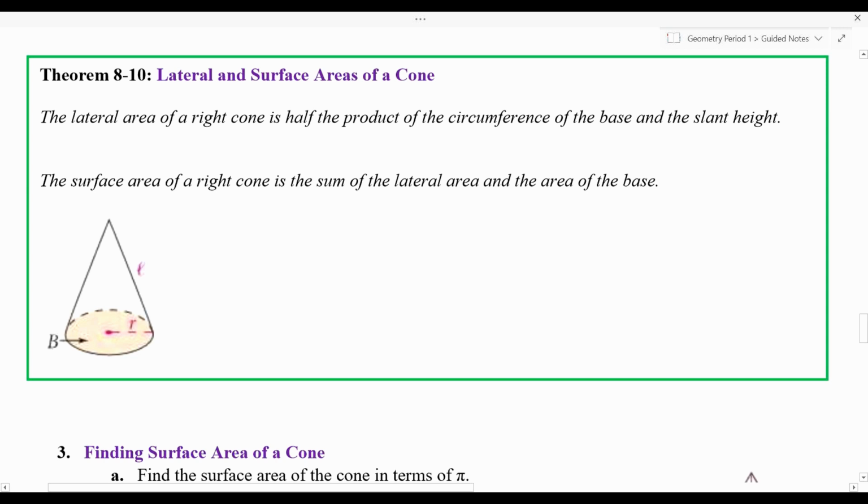The lateral area of a right cone is half the product of the circumference of the base and the slant height. The surface area of a right cone is the sum of the lateral area and the area of the base.